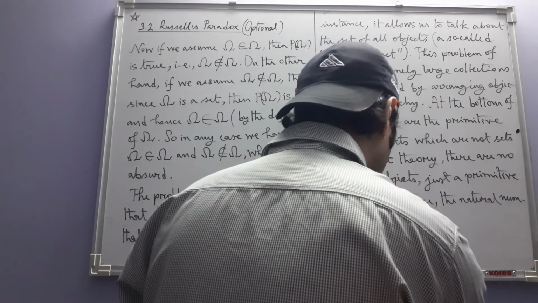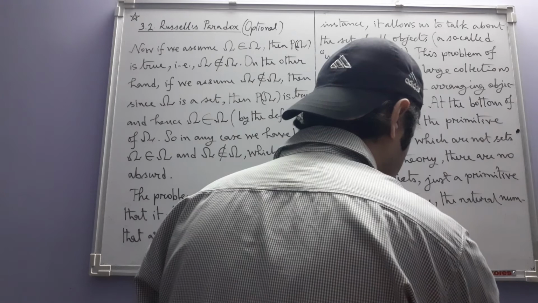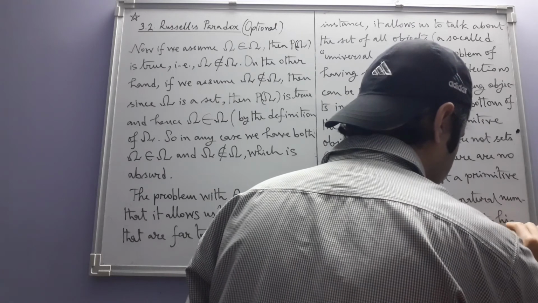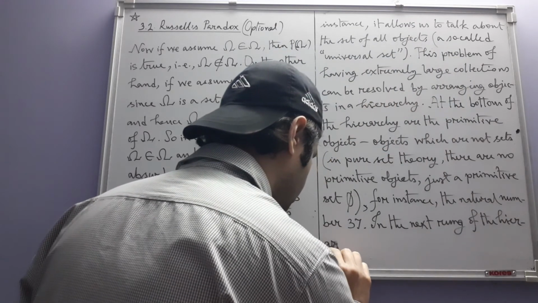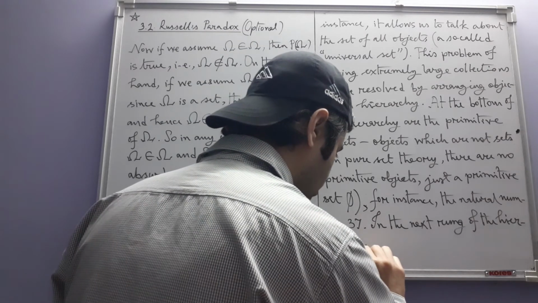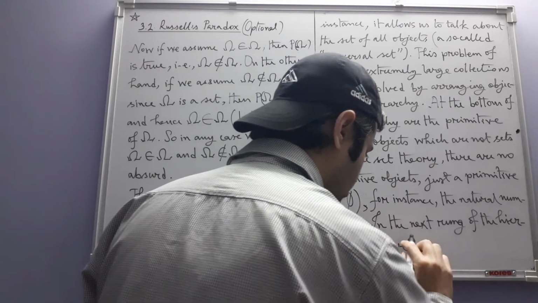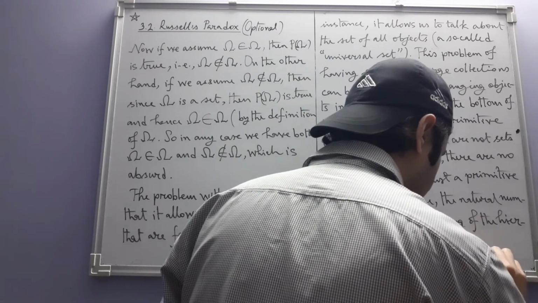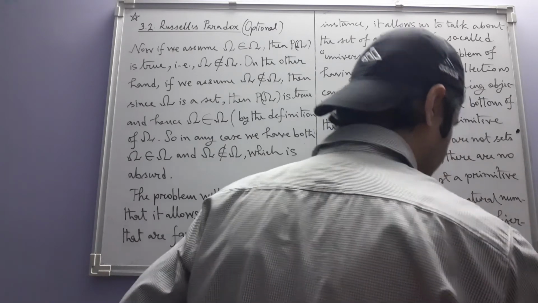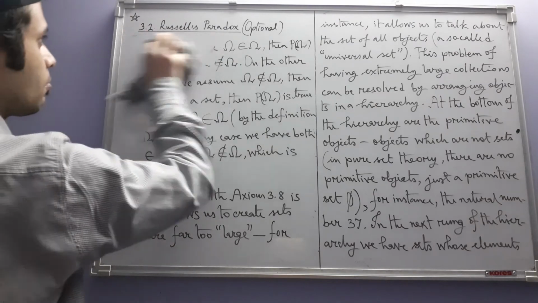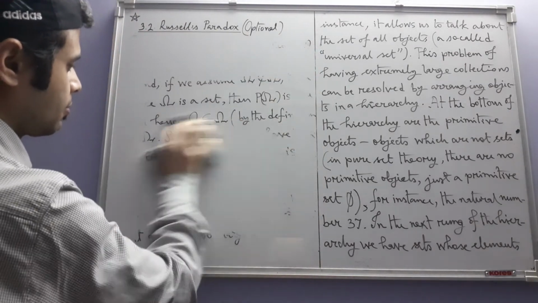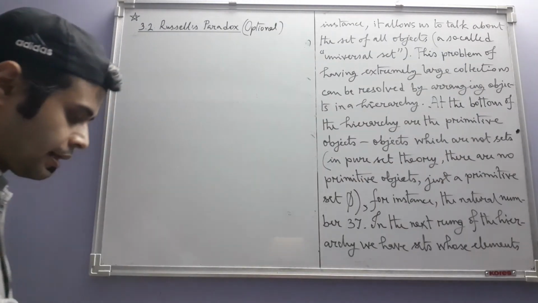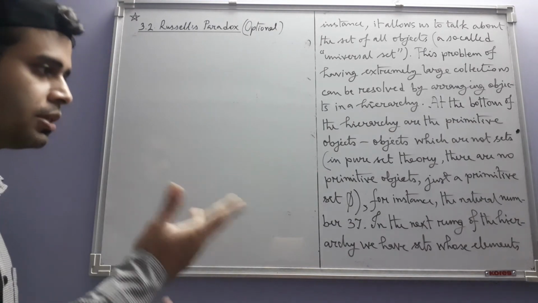In the next rung of the hierarchy, we have sets whose elements are only primitive objects. At the very bottom we have the primitive objects, then using them we create sets.